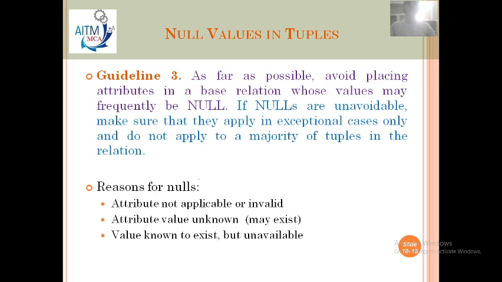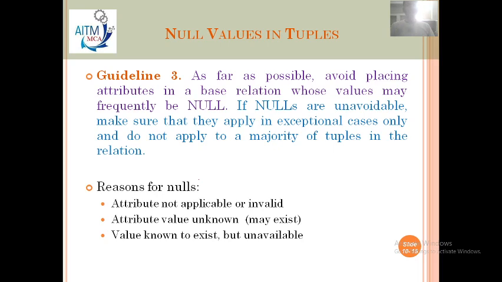Example, your date of birth or your mobile number. Whenever it asks for the mobile number, sometimes we know what our mobile number is, but we don't want to give it. I don't want to enter it.